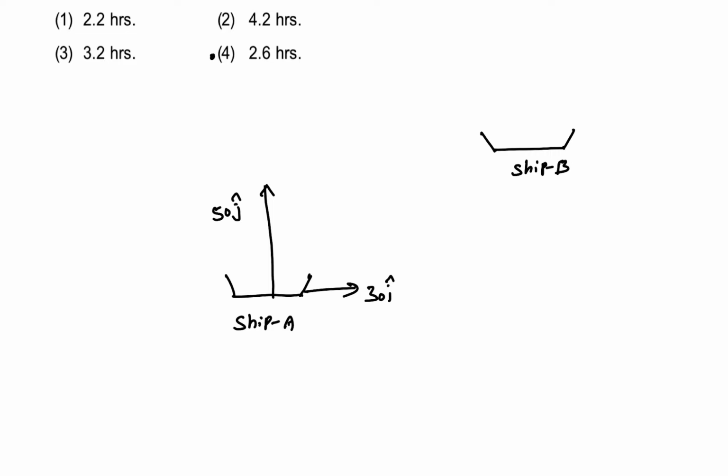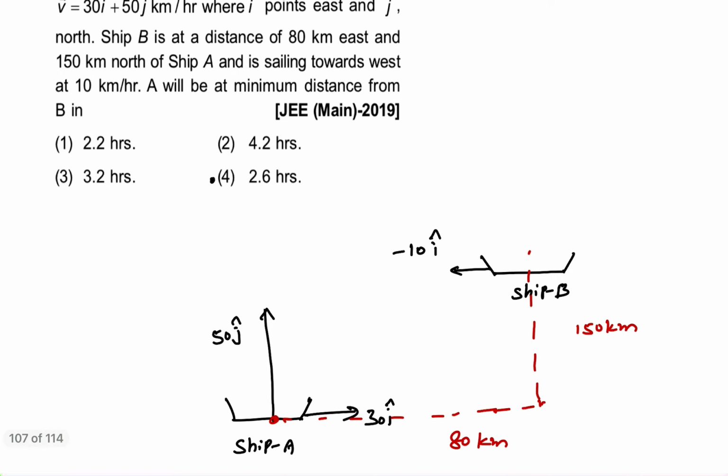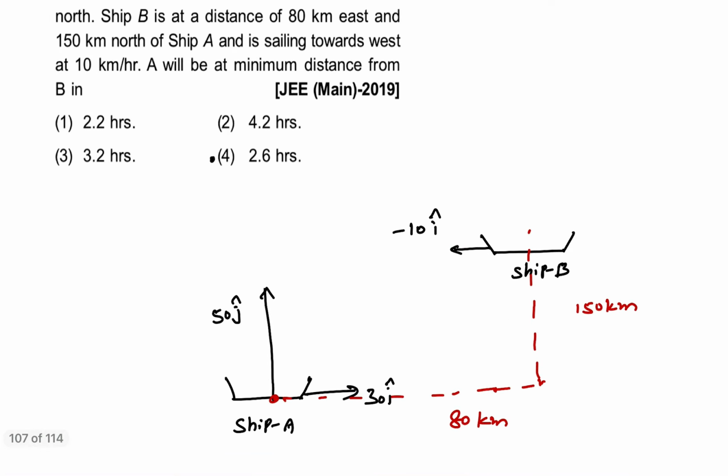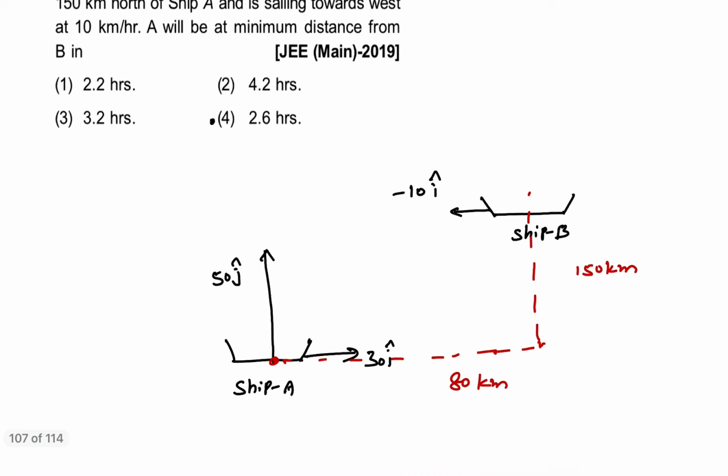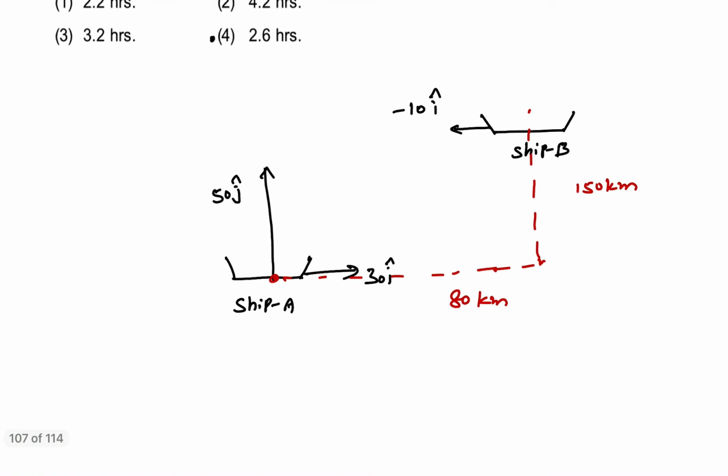Now there is one more ship B, which is moving towards the west, 10 minus I cap. It is moving like this, ship B. Now if you see the location between them, along the x-axis 80 kilometers is there, along the y-axis 150 kilometers are there. Now A will be at a minimum distance from B.